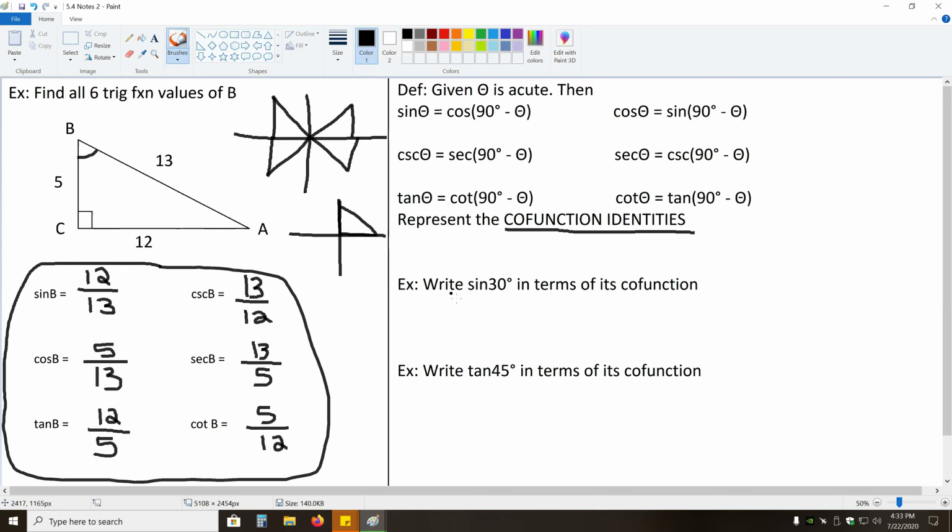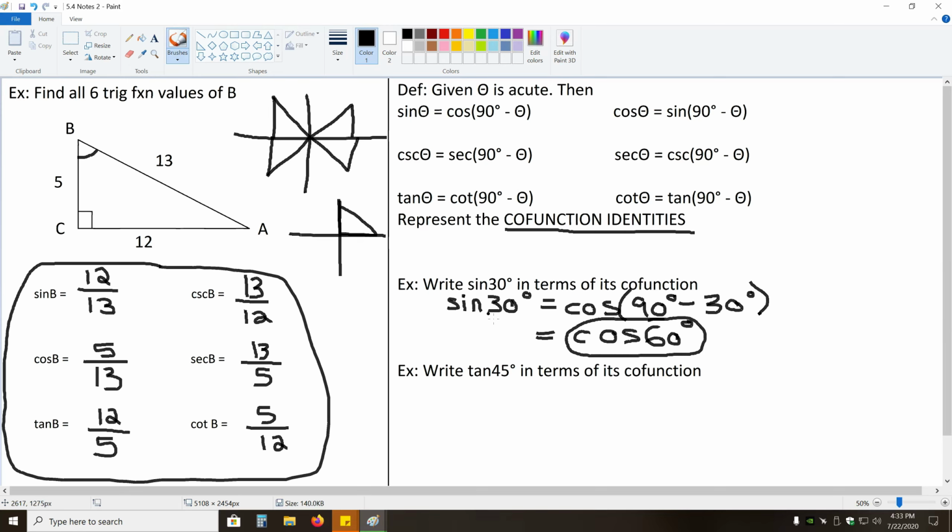So to start off with, we want to write sine of 30 degrees in terms of its cofunction. So sine matches with cosine. So changing sine of 30 degrees, we would get cosine of 90 degrees minus the angle we started with, which is 30 degrees, which gives us cosine of 60 degrees.